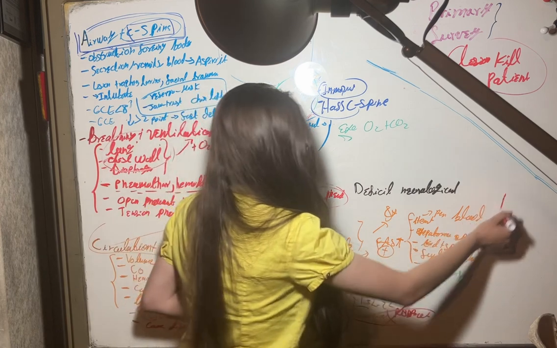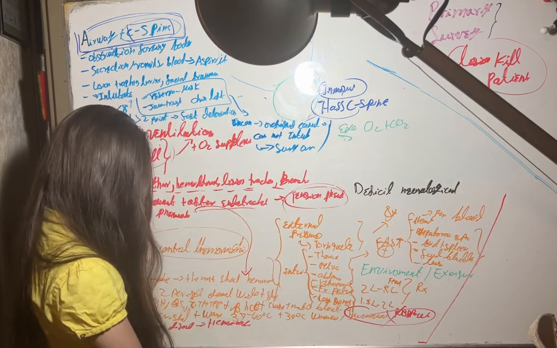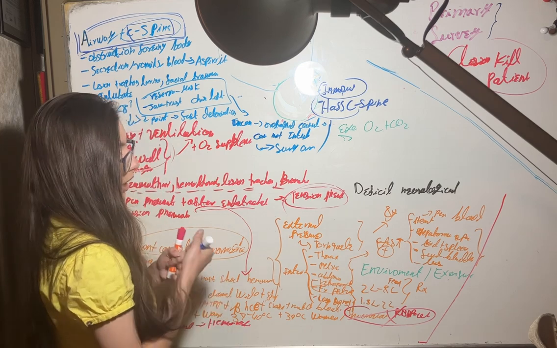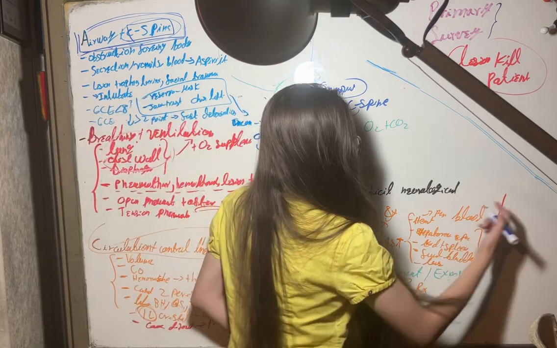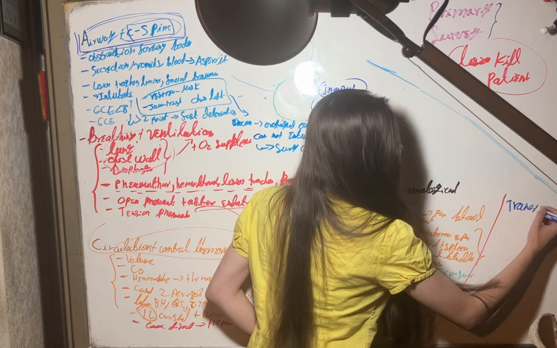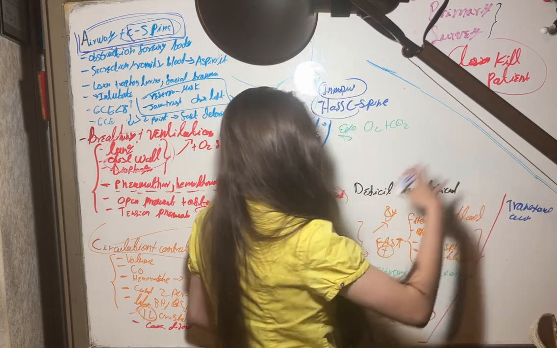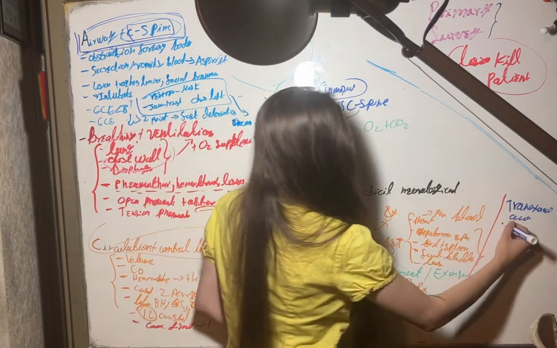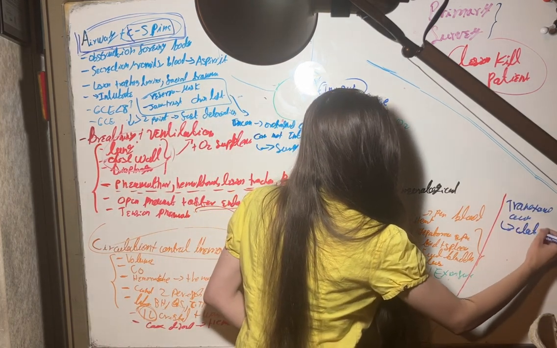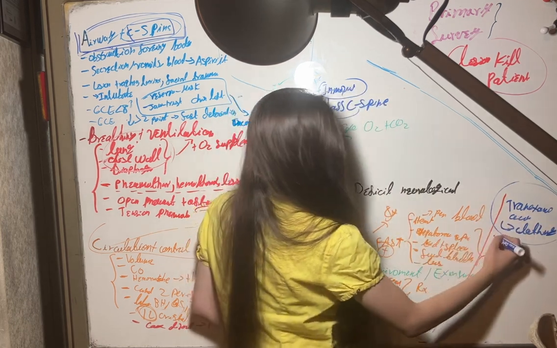So what we can do, before the patient arrives at the care facility, is administer tranexamic acid, which is an antifibrinolytic, so this promotes clotting, and it should be administered in bolus.